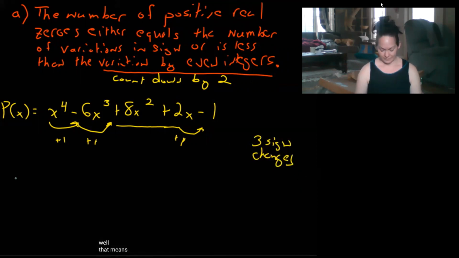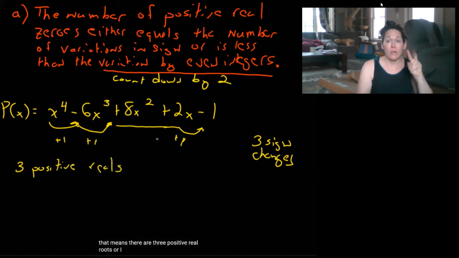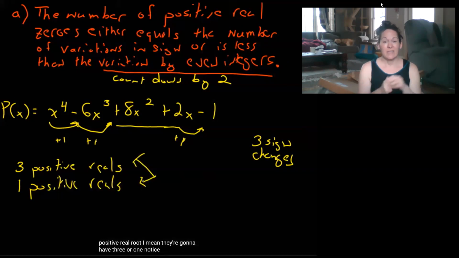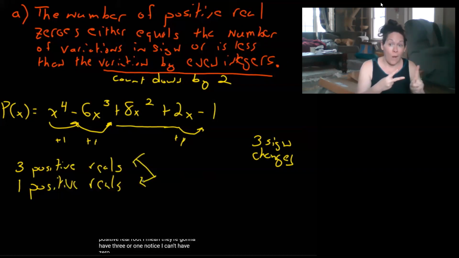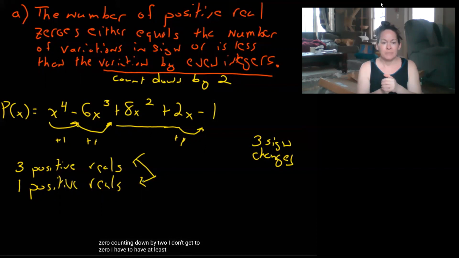Well, that means there are 3 positive real roots, or I got to count down by 2, 1 positive real root. I'm either going to have 3 or 1. Notice I can't have 0. Counting down by 2, I don't get to 0. I have to have at least 1.